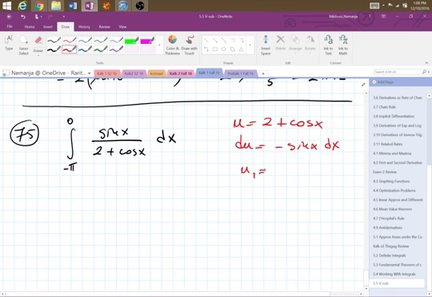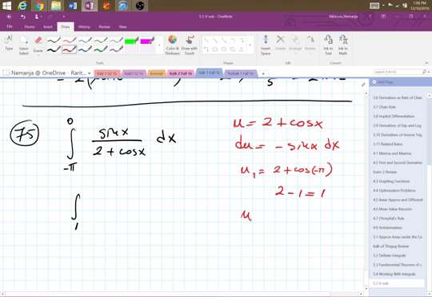U1 is 2 plus cosine of negative pi. How much is cosine of negative pi? Well, it's the same as cosine of pi. And how much is cosine of pi? Very good. So the lower limit is going to be 1.